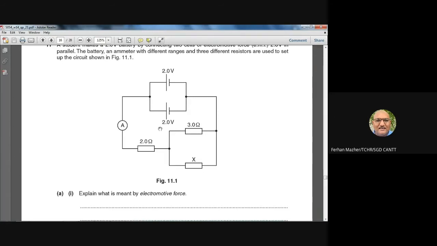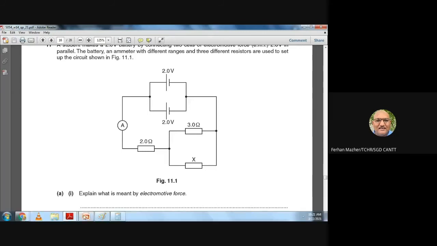You know, the total resistance of this whole circuit was 4 ohm, and the voltage of the battery is 2 volt. The EMF is 2 volt, and the total resistance of the whole circuit is 4 ohm. So I can use the formula V equals IR.